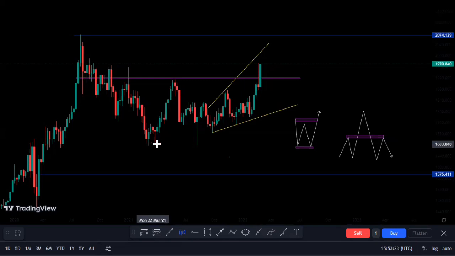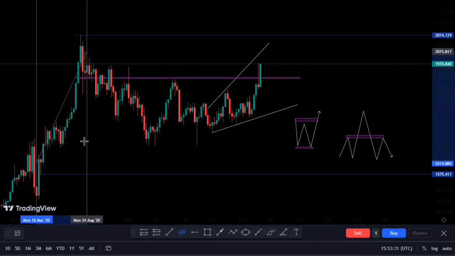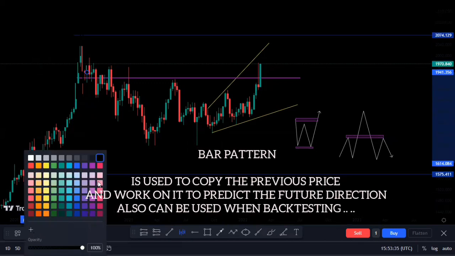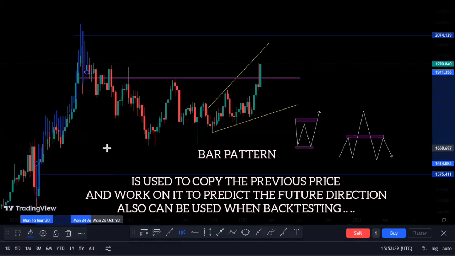backtest. Maybe you're backtesting something, and I'm going to be showing you how to backtest. Maybe you wanna predict something like this.